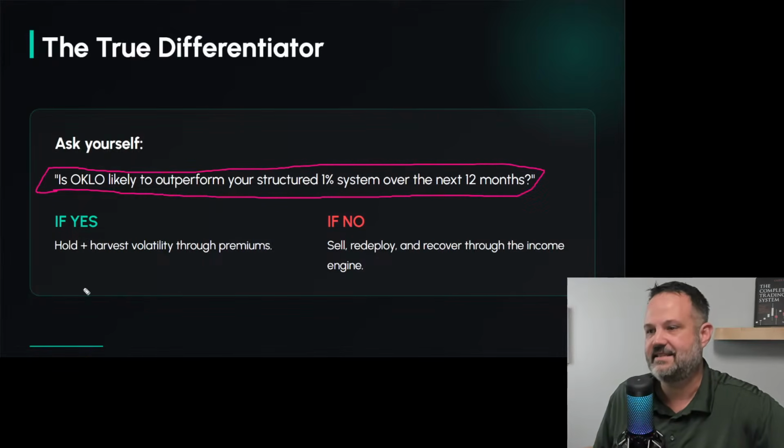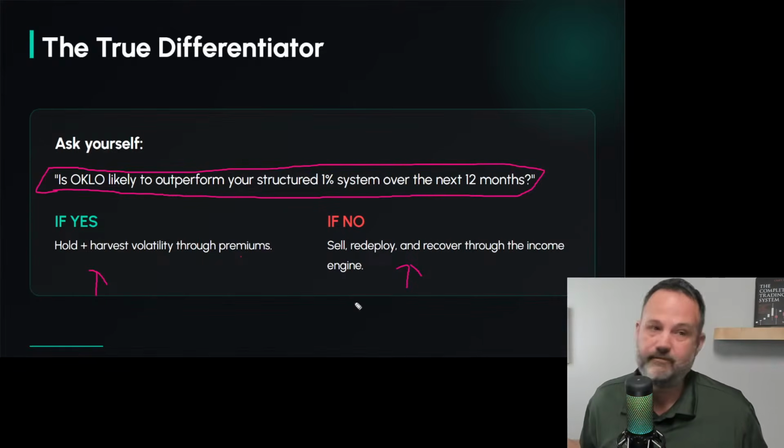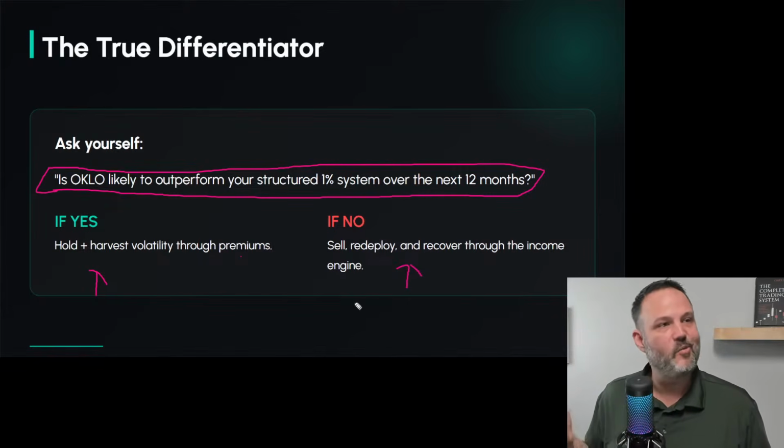It's that simple. So if the answer is yes, harvest volatility through premiums. If the answer is no, redeploy and recover through the income engine. Now, the problem with this is a very straightforward question. The problem with this is no one really knows the answer, right? No one on earth knows the answer to this.